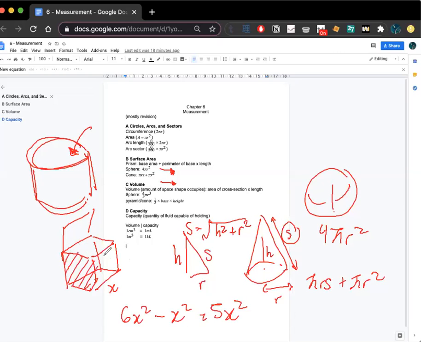They're going to ask you to include everything except for the top part, because it's not going to be covered, and therefore this part is not going to be included when you're calculating it. So surface area is pretty easy. You just need to pay attention to the word problem, because sometimes there might be variations in the word problems.